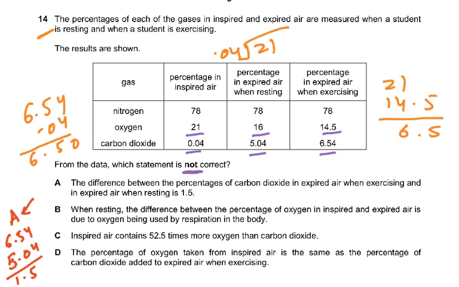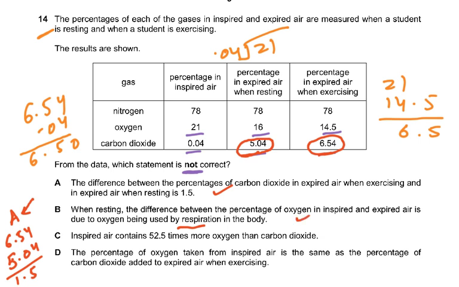The percentage of carbon dioxide in expired air was 6.54, and when resting, this was 5.04. So 6.54 minus 5.04 is 1.5. So this is correct. When resting, the difference between the percentage of oxygen in inspired and expired air is due to oxygen being used by respiration in the body. Yes, that's correct. That is being used by respiration in the body. So that is correct as well.